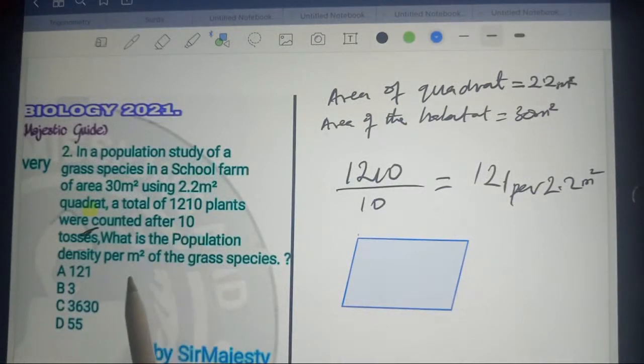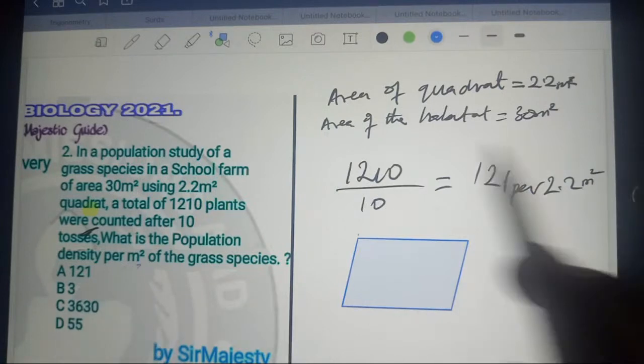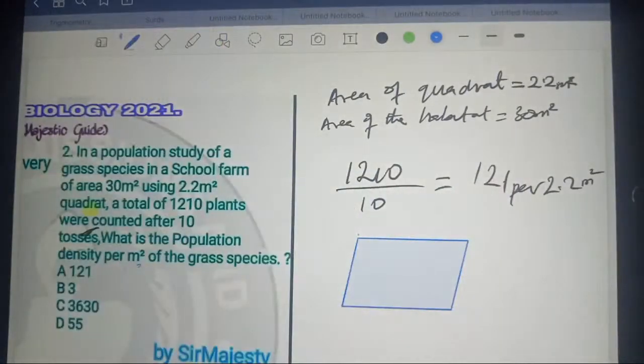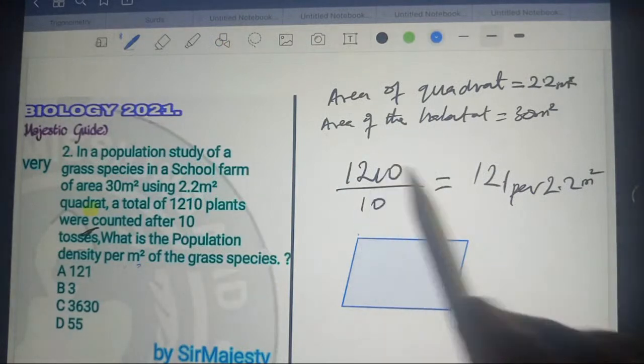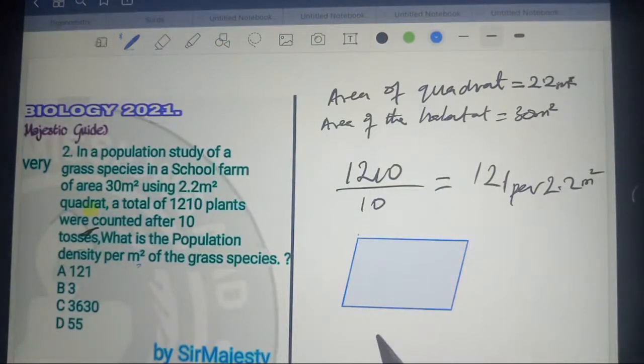But the question asks you to find the one that will be per meter square, not 2.2 meters square. So simple. What you have to do is you ask yourself, if 2.2 were able to hold 121, what will 1 hold? Because per meter square means 1 meter square. So you call it x, then you cross multiply.